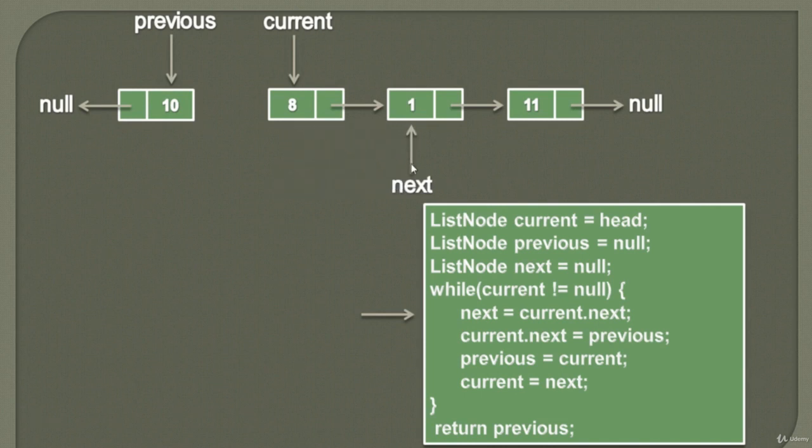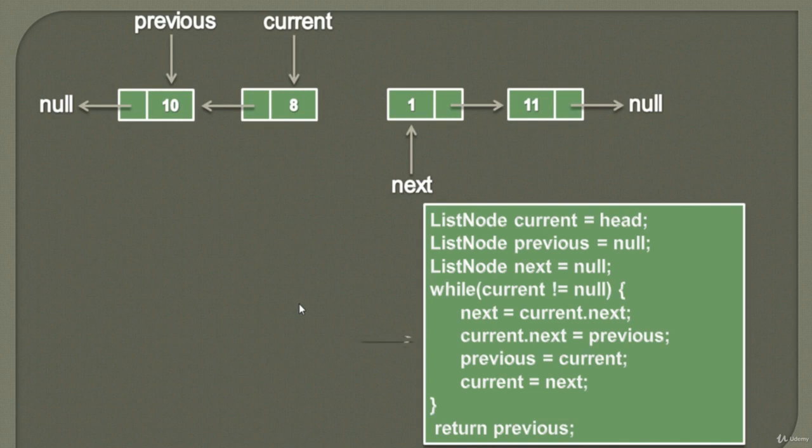We'll assign current next value to the next node, and similarly to current next we'll provide the value which is present in the previous. So here if you see that current next pointer points to the third node, so we'll remove this link and we'll assign it what the previous holds. So here previous points to the first node, so we'll do something like this. So the current next now points to the previous which is the first node.